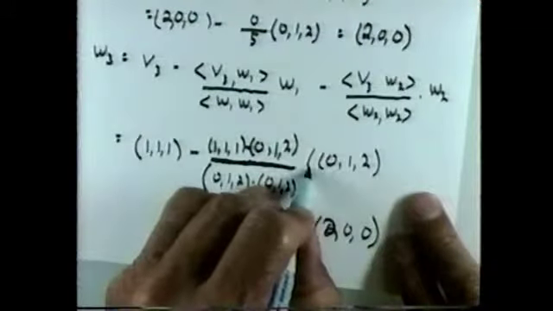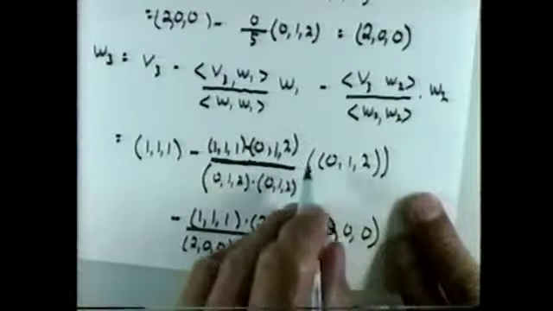Now that should just have times there rather than the dot, because you're going to think it's dot product. It's not, it's just the scalar times the vector.